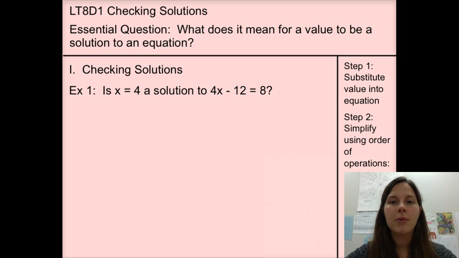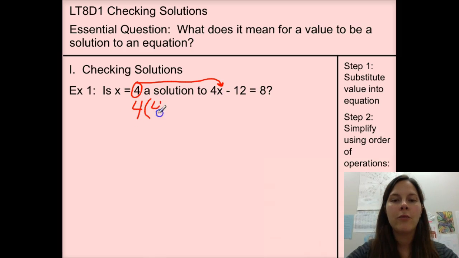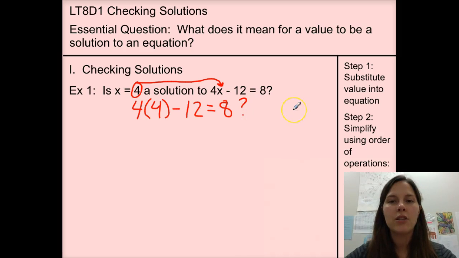Our first example is asking if x equals 4 is a solution to the equation 4x minus 12 equals 8. We start by replacing x with 4 and then using order of operations to simplify both sides of the equation to check to see if it's true.